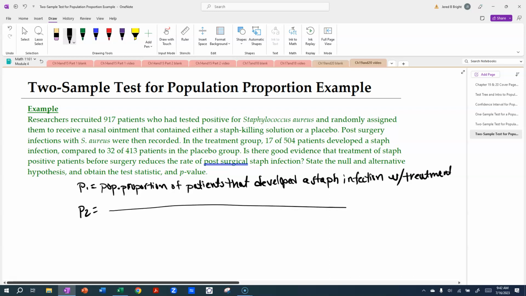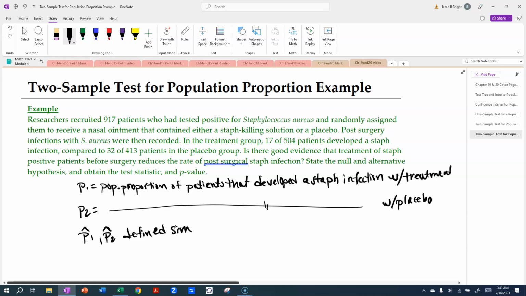And then P2 would be the same thing, but with the placebo. I'm just going to say P1 hat, P2 hat defined similarly.